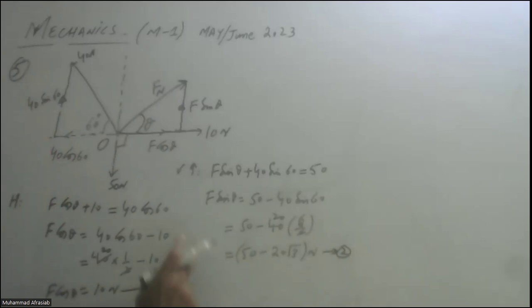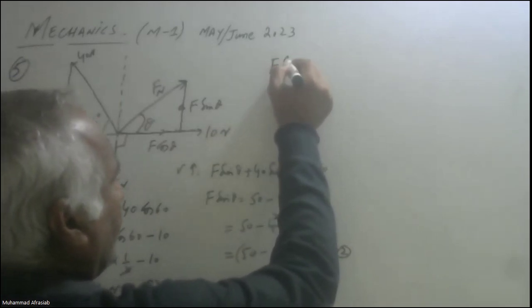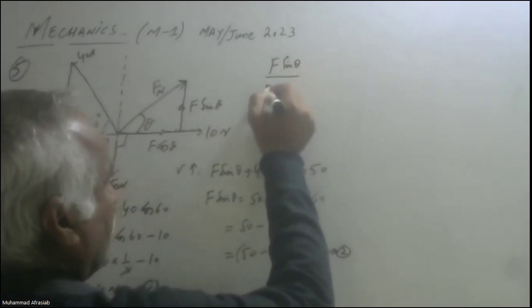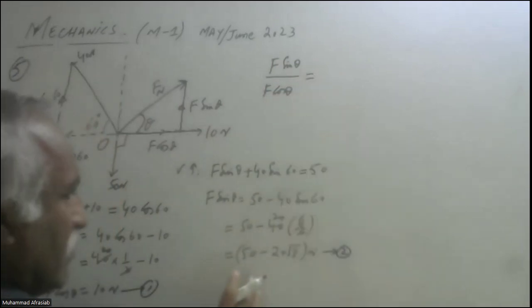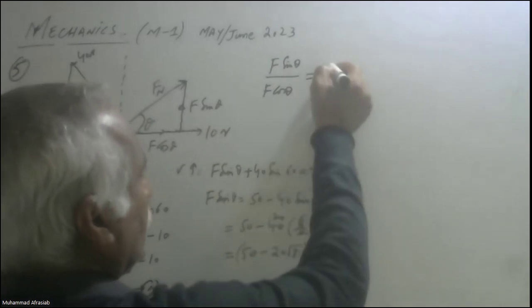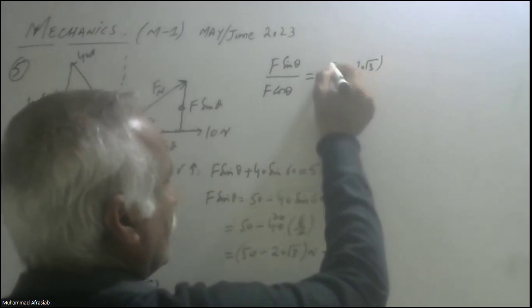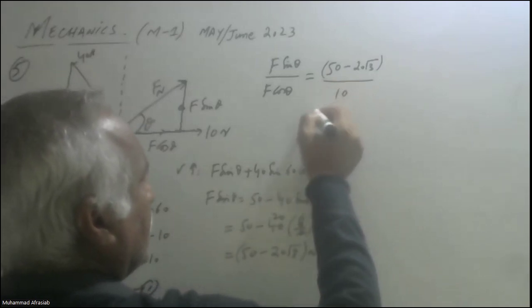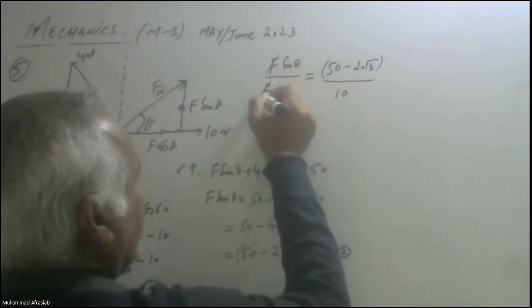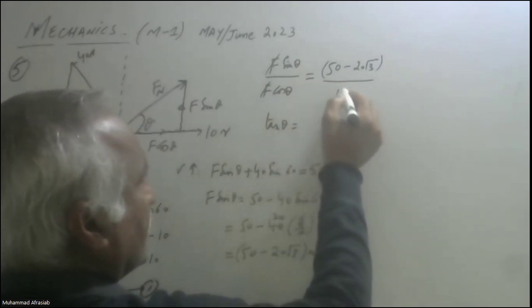So dividing F sine theta by F cos theta, F and F cancel. Sine theta over cos theta is basically equal to tangent theta, which is 50 minus 20 root 3 divided by 10.